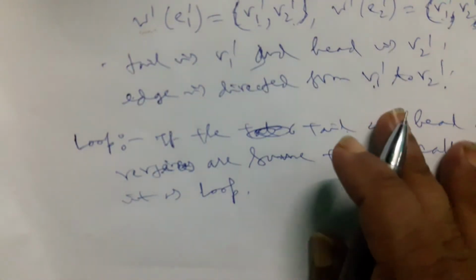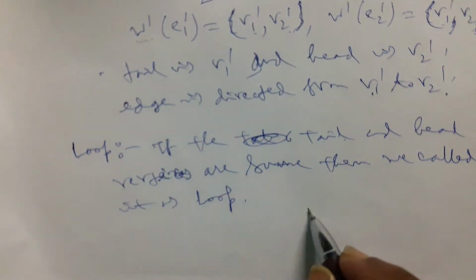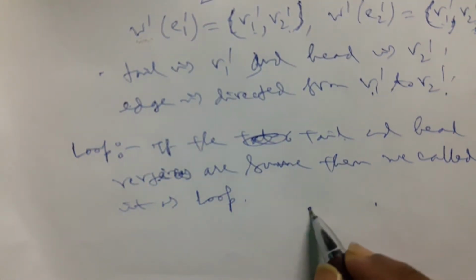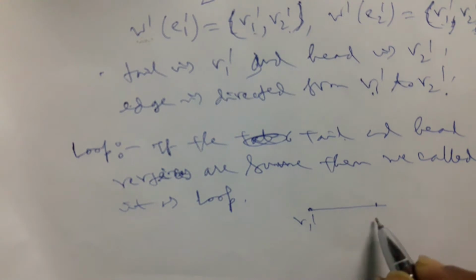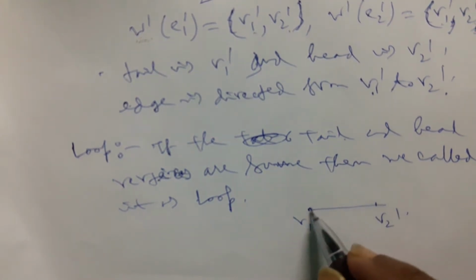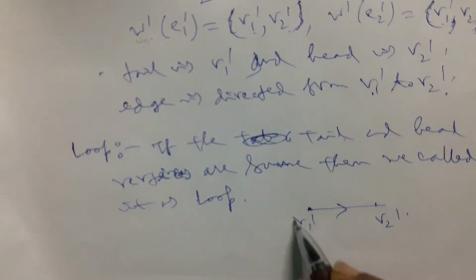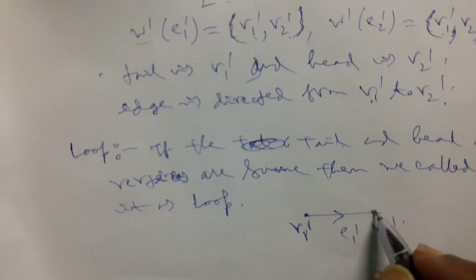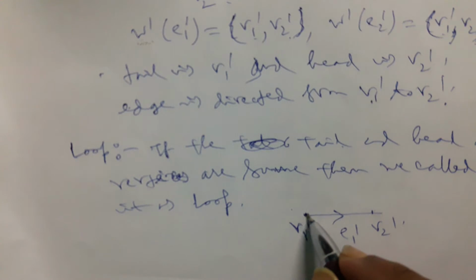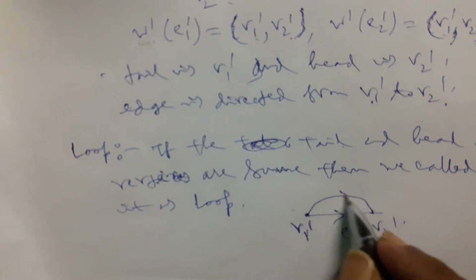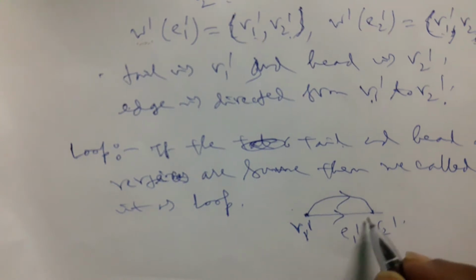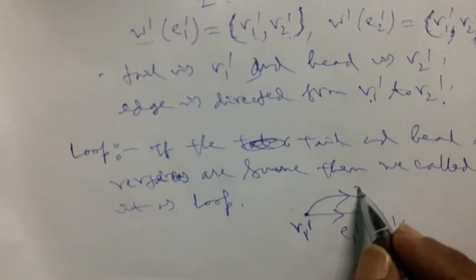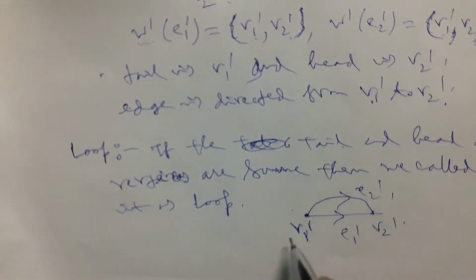From the given figure, consider one digraph with V1 dash and V2 dash, with an edge e1 dash from V1 dash to V2 dash, and another parallel edge e2 dash. We also take a vertex V3 dash, and V1 dash is the tail and V2 dash is the terminal point.